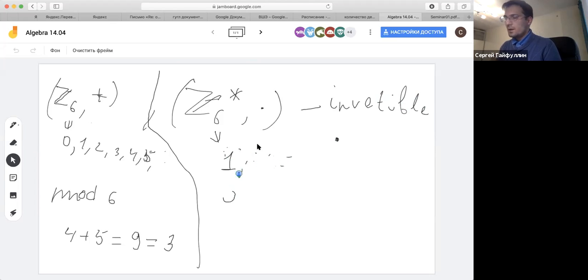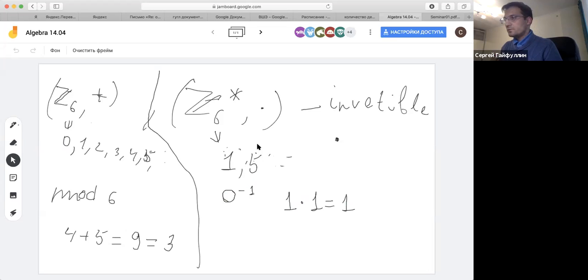Because we want to consider just invertible elements. If we consider 0, there is no inverse element for 0. If we have 1, it has an inverse because 1 multiplied by 1 equals 1, and so 1 is the inverse element to 1.